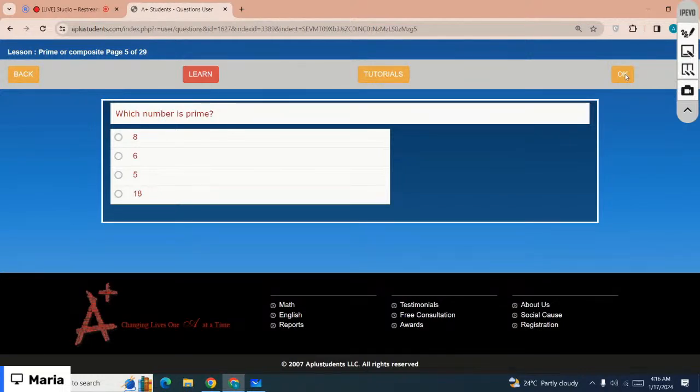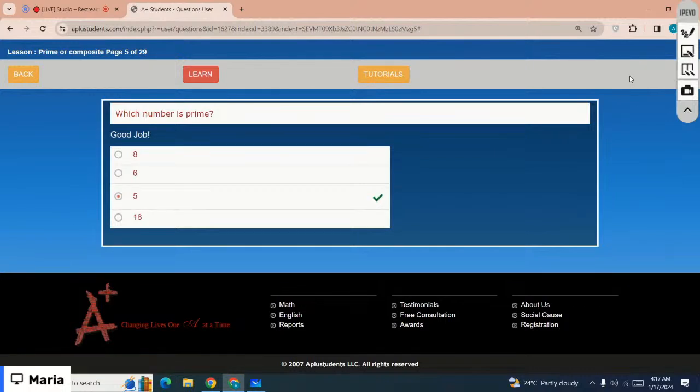Okay, which number is prime? 8, 6, 5, and 18. Which is the prime number? Yes, 5 is the only prime number here, right?